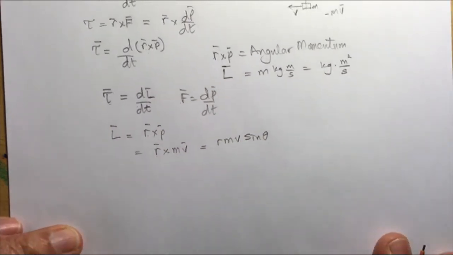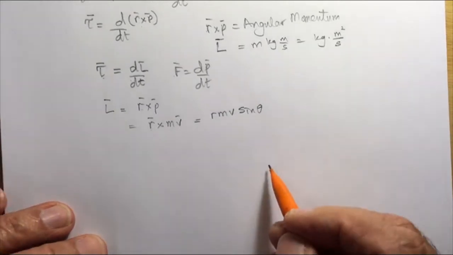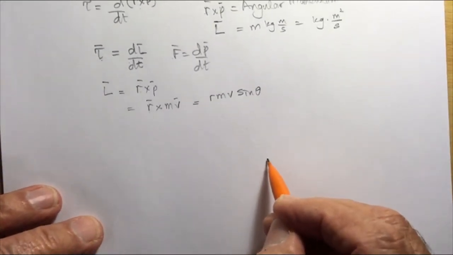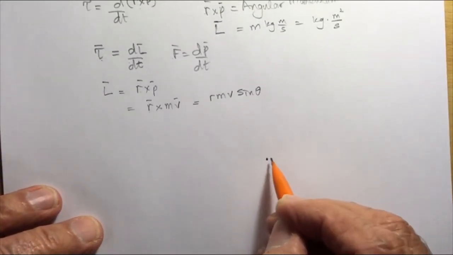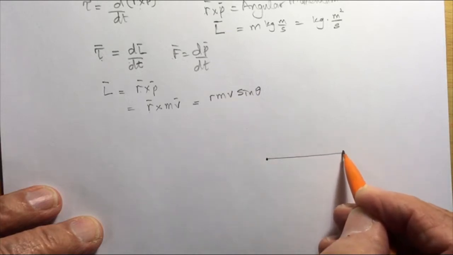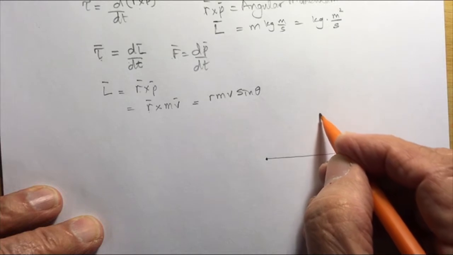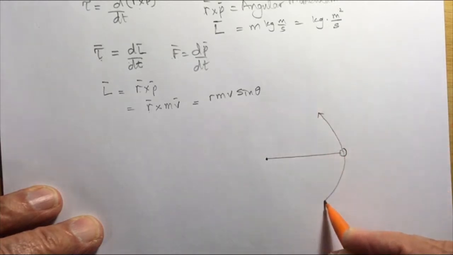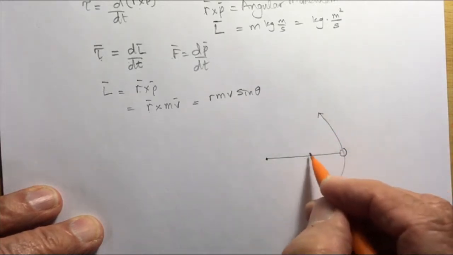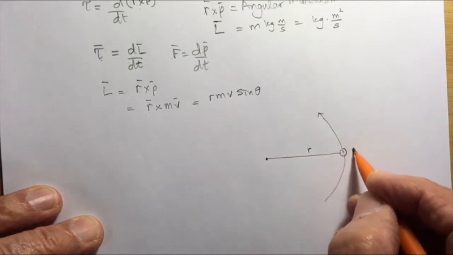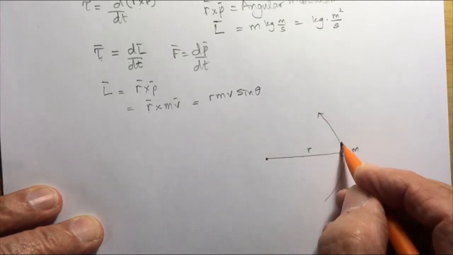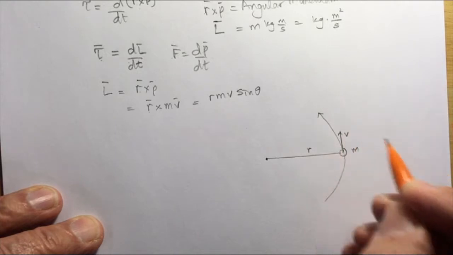Now let's consider a case where we have somebody holding a string with a mass, and that mass is going around in a circle. This radius is r, the mass is m, and at this instant it has a velocity v.